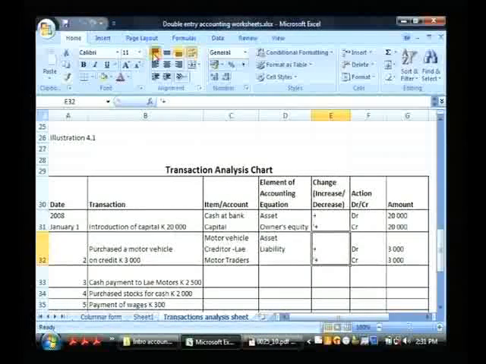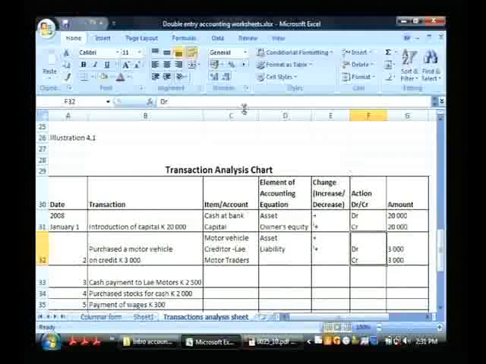Liability increased, asset increased, increase of asset debit, increase of liability credit. Amount 3,000 here, last column.